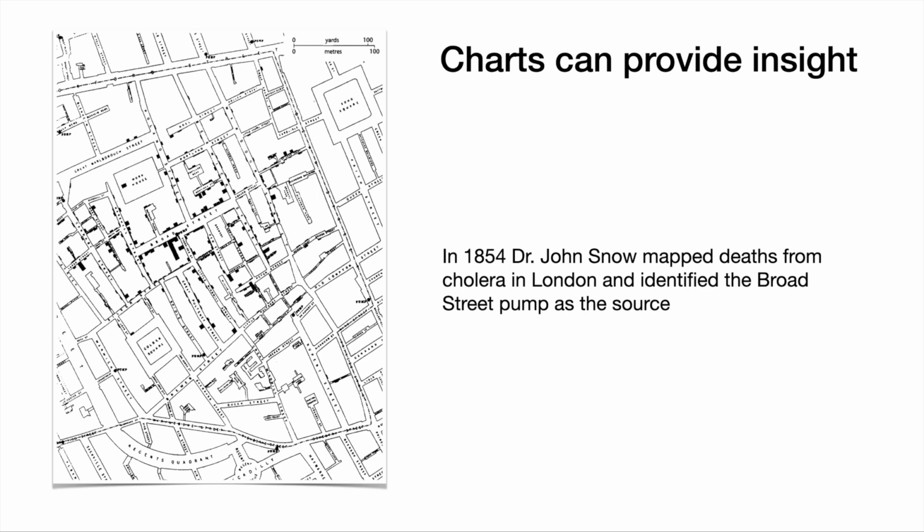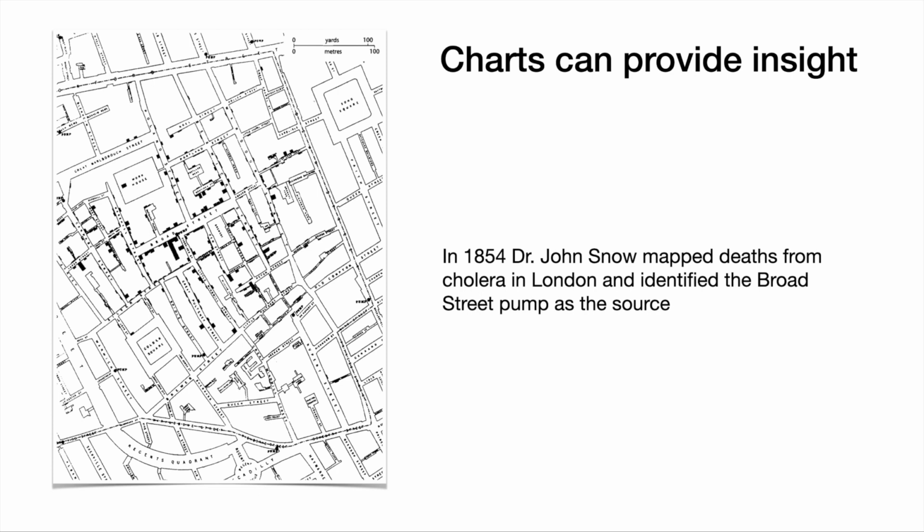Perhaps the most famous graphic ever in information design is a map by Dr. John Snow from 1854. He took a street map of London and put markers to identify the location of people who had contracted cholera.